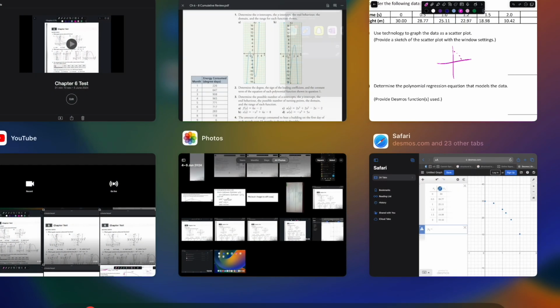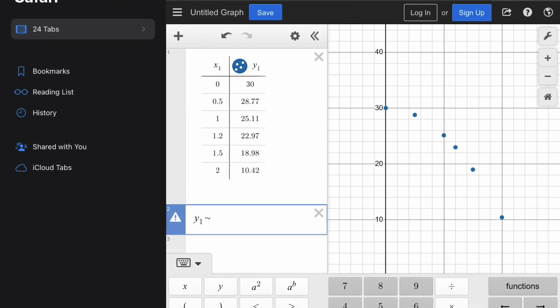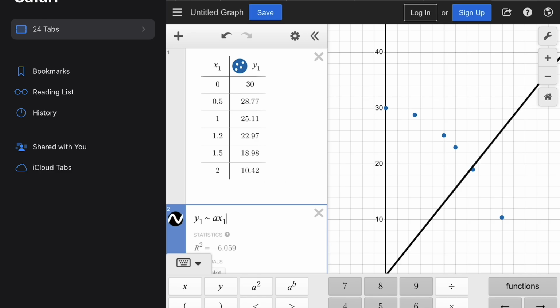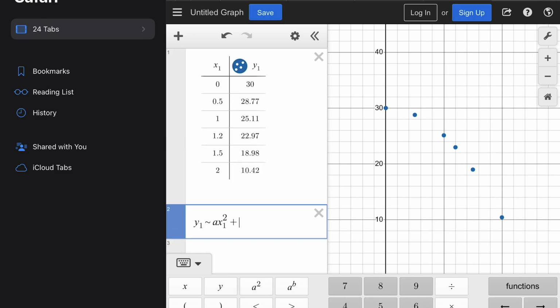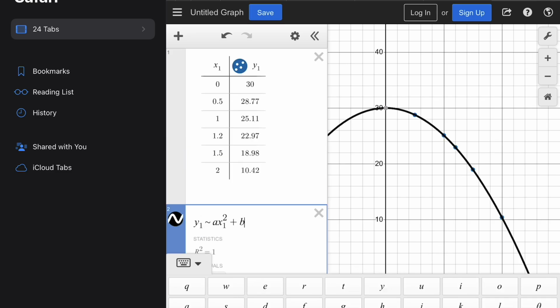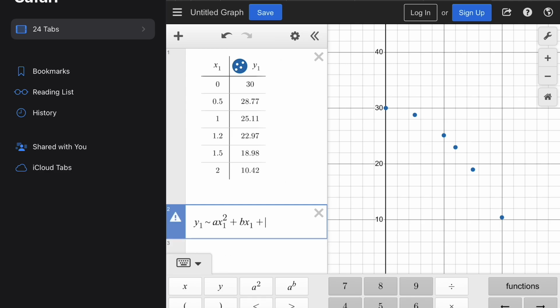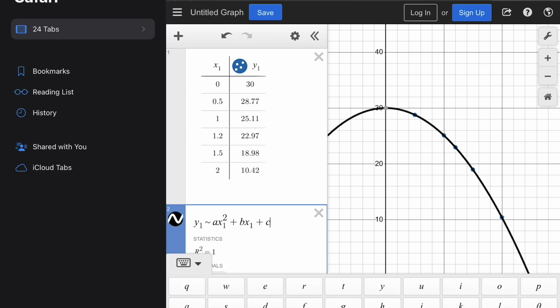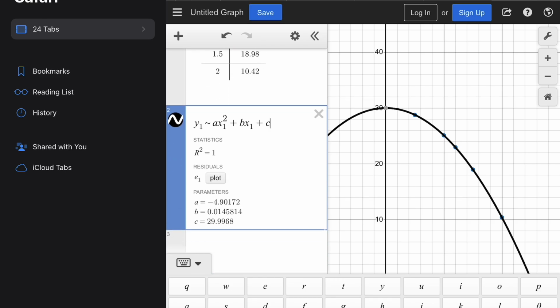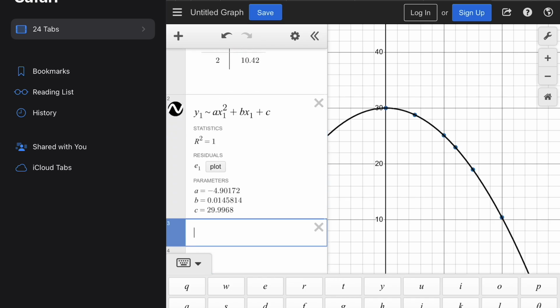So you know how we have to put our general form in here? The parabola, it's going to look like ax1 squared plus bx1 plus c. And it fits nicely through all of those points there. And then it asked for the pebble at 1.25.